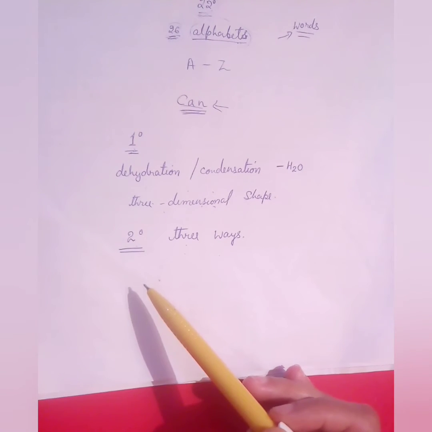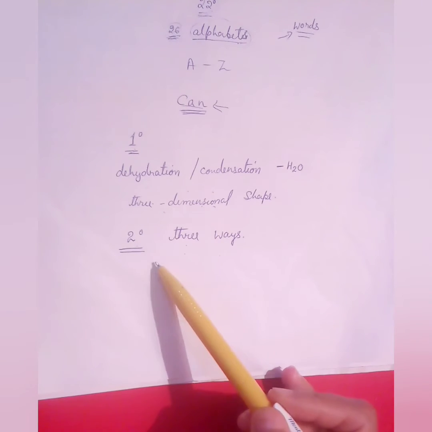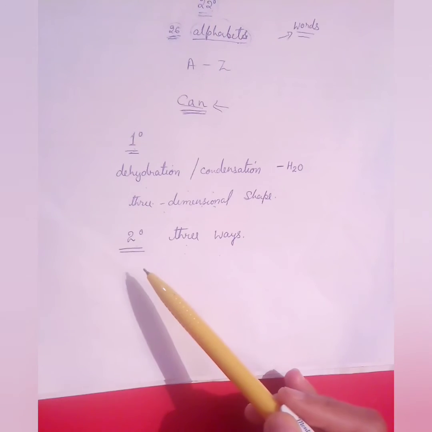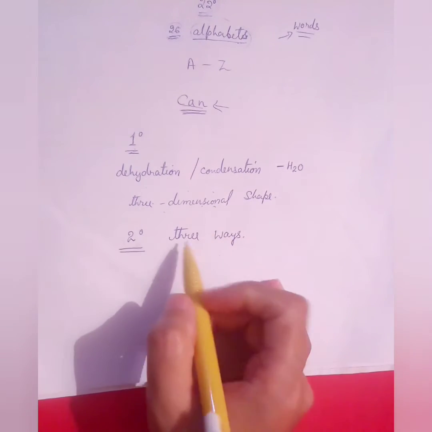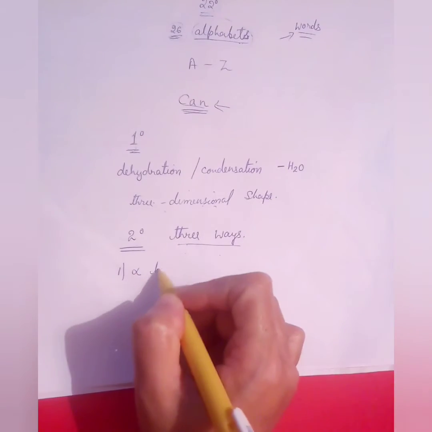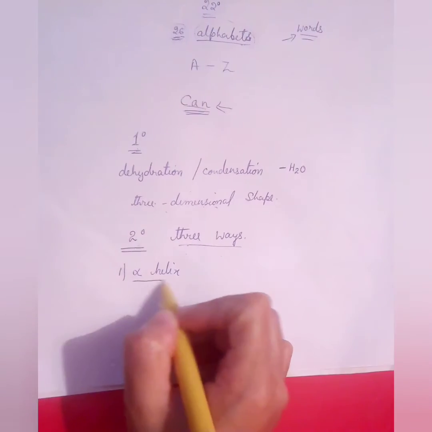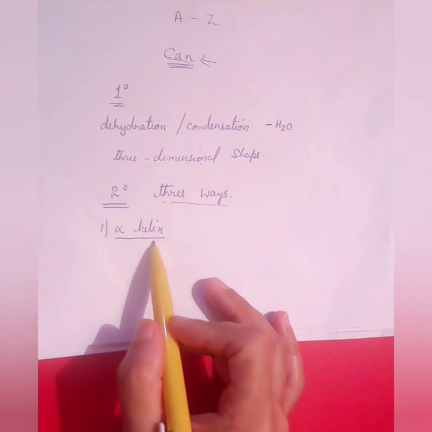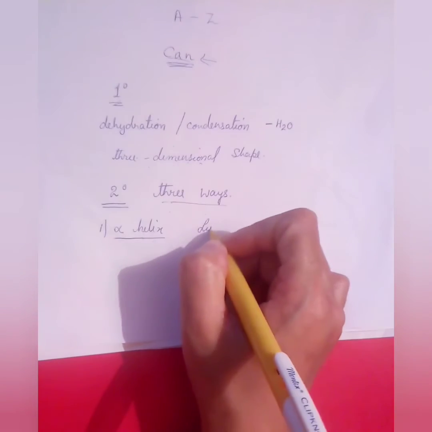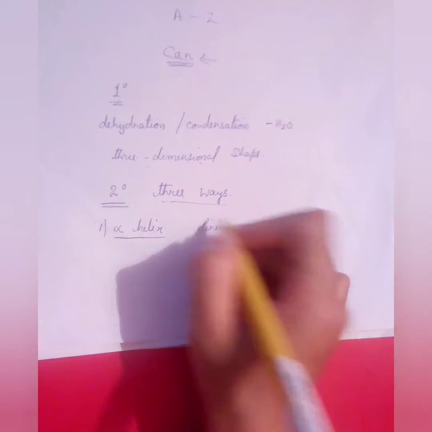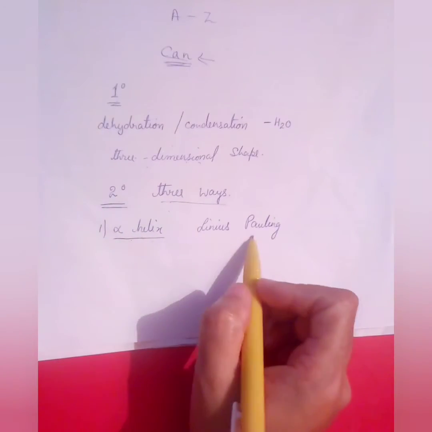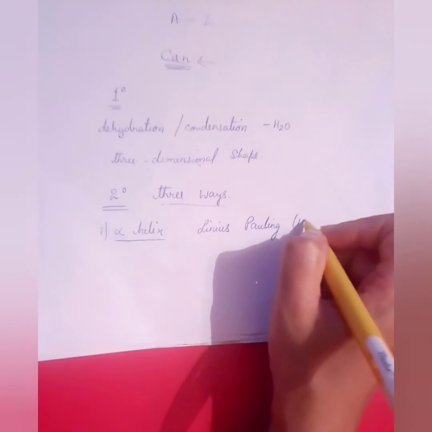Now the secondary structures, as I had mentioned, are made up of three sublevels, or three ways. The first one is the alpha helix. This structure was first described by Linus Pauling in the year 1951.